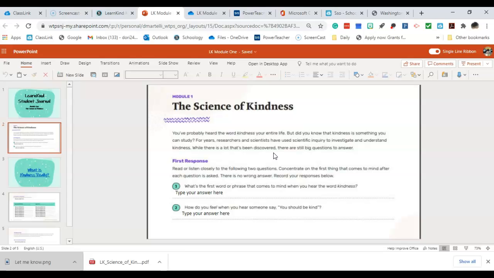And essentially what happens is you're going to learn, and we're going to talk about the emotional impact that kindness can have on somebody. So that's the feelings, how it can affect somebody's feelings, and how it can affect the feelings of the person you're being kind to, right? Or unkind to, how it makes them feel.